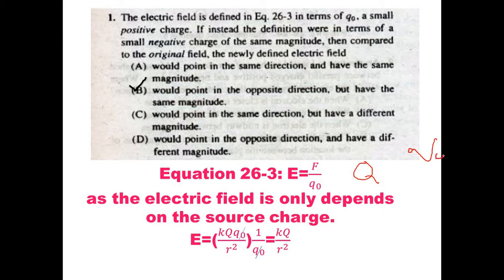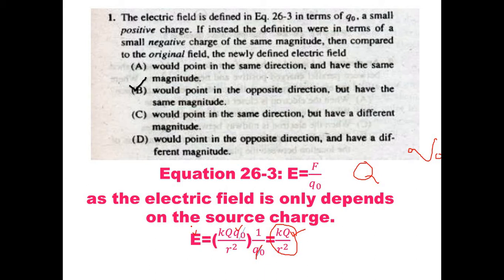If I put the value of F here, Q naught cancels with this Q naught, and you get K capital Q over R square. So from here you can see that this electric field depends only upon the source charge, and there is no dependence on the test charge. The test charge, whether negative or positive, does not affect the magnitude of the electric field.